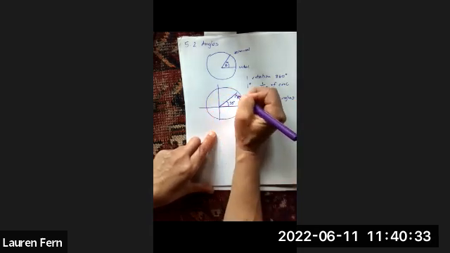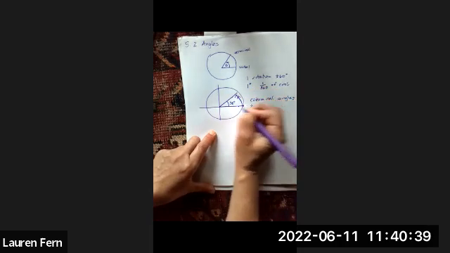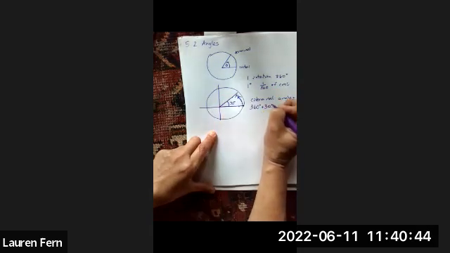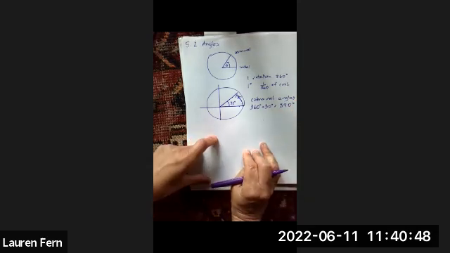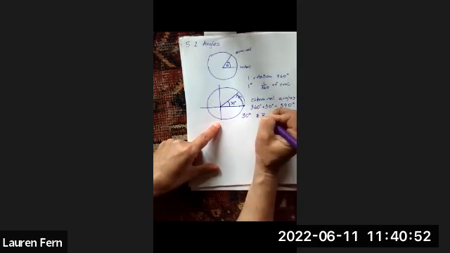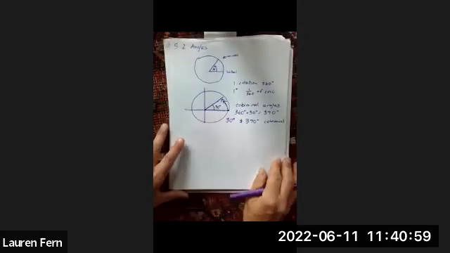Essentially, they have the same starting point and the same ending point. In this example, I've gone 360 degrees once around, and then I've gone an additional 30 degrees. So we would say that's 390 degrees. In other words, 30 degrees and 390 degrees are coterminal angles. This is a very important concept.